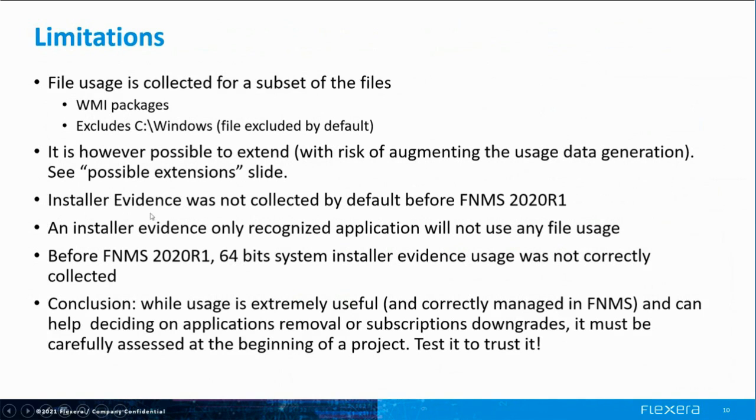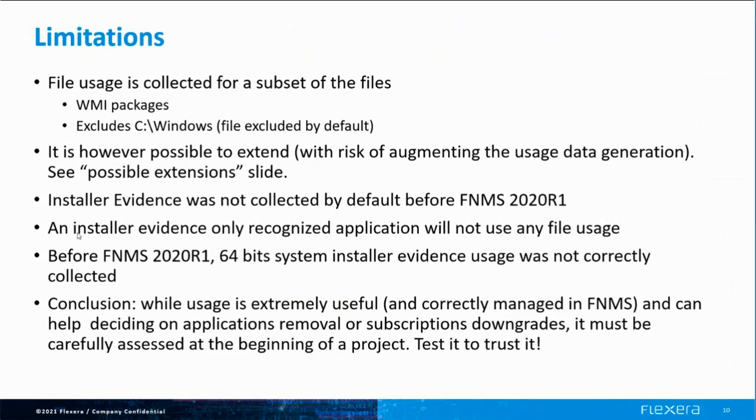And finally, well, it's not a limitation, but we have to keep in mind that if you have an application recognized through installer evidences, which is the case for many, many desktop applications, and you don't have any file evidence in the definition of the application, and you have no installer usage, the file evidence will never allow you to recognize or to link the usage to the recognized application.